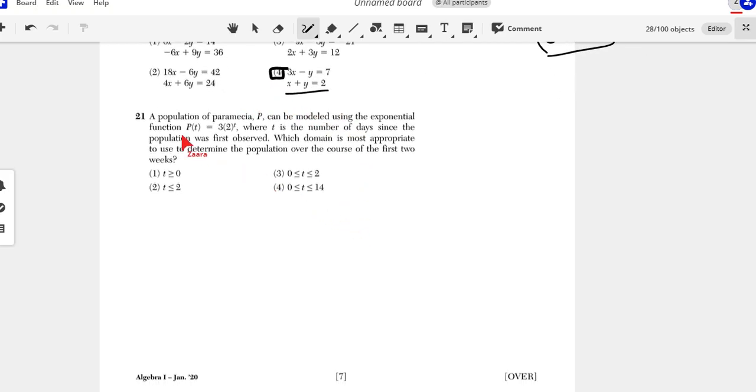Question 21. The population of Paramecia P can be modeled using the exponential function P of t equals t times 2t, where t is the number of days since the population was first observed. Which domain is the most appropriate to use to determine the population over the course of the first 2 weeks? What I got was number 3.